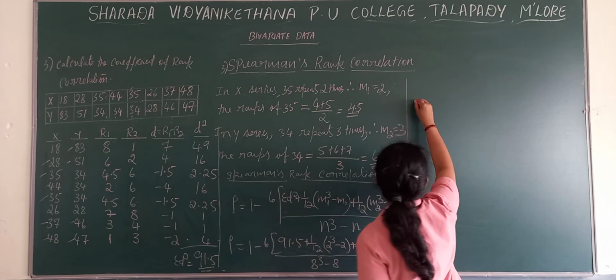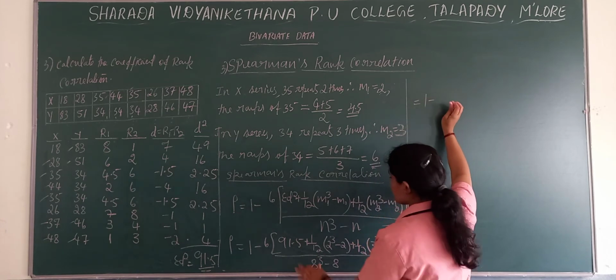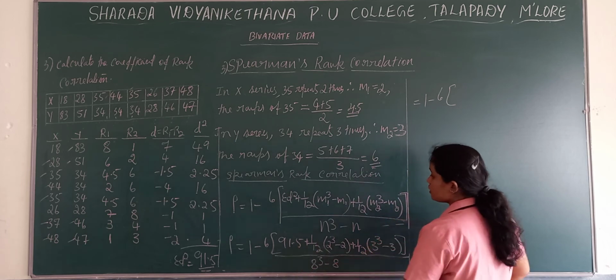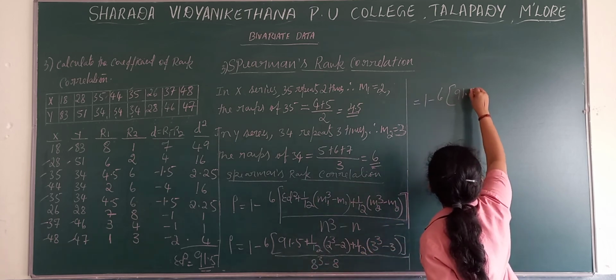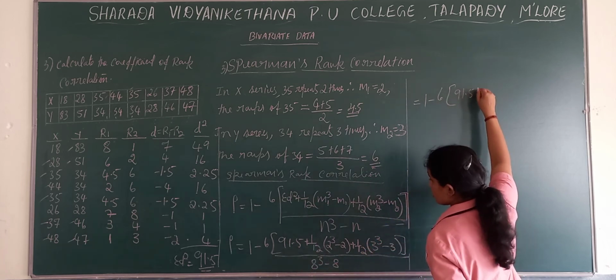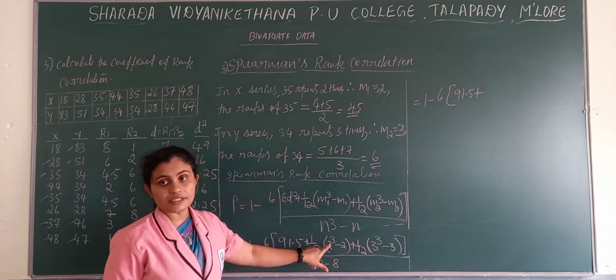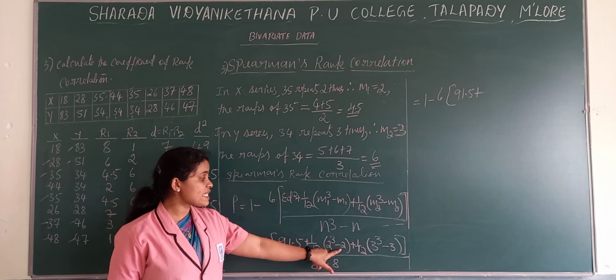Next you see, 1 minus 6, write as it is, open the bracket, 91.5, then plus 2 cube minus 2, which is 8 minus 2, 6.